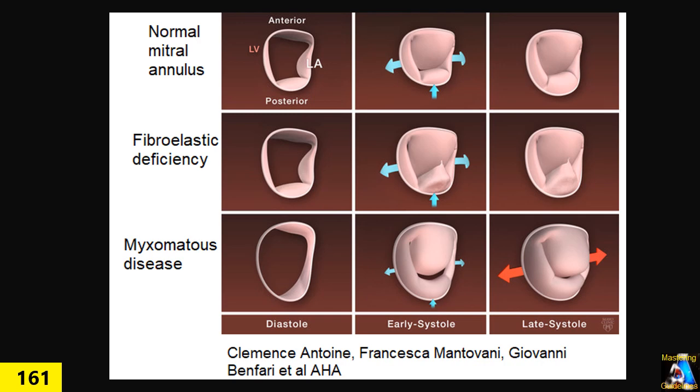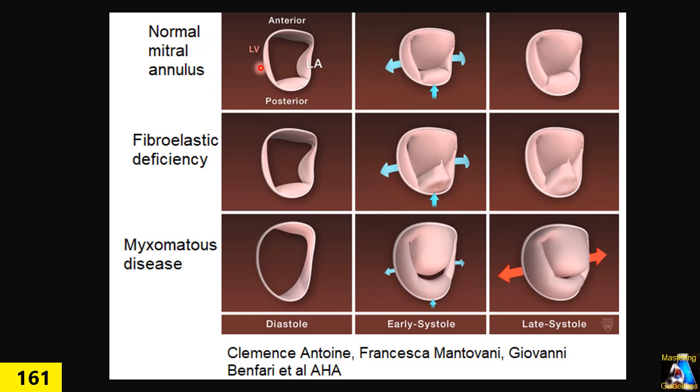Besides the histopathologic changes in the mitral valve leaflet and annulus, another factor that plays a role in mitral valve prolapse is the mechanism of mitral valve annulus contraction during systole.